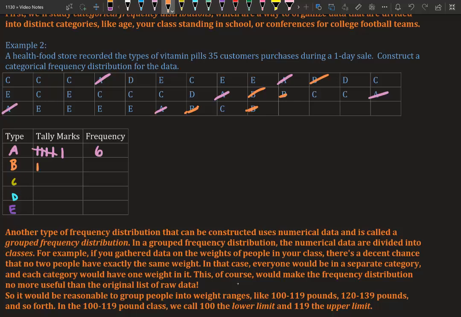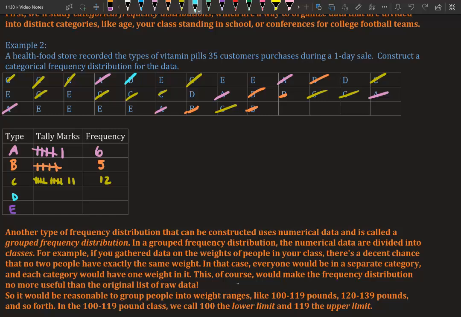So 5 B. All right, let's look at how many times we had C. 1, 2, ooh, wrong color. 1, 2, 3, 4, 5, 6, 7, 8, 9, 10, 11, 12. Ooh, 12 of them. So 12 tally marks.